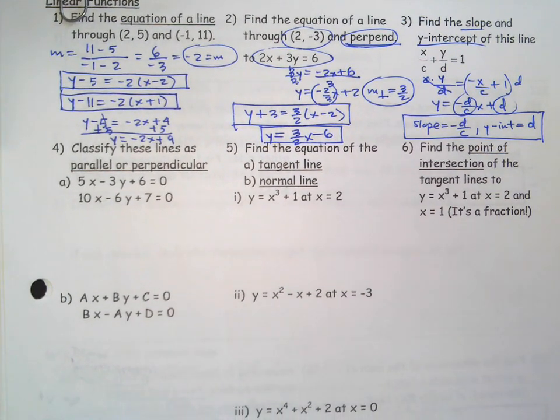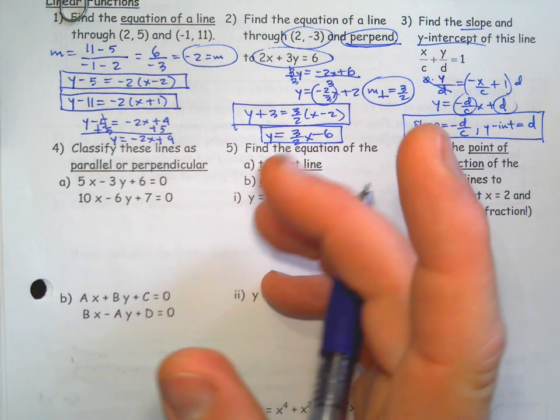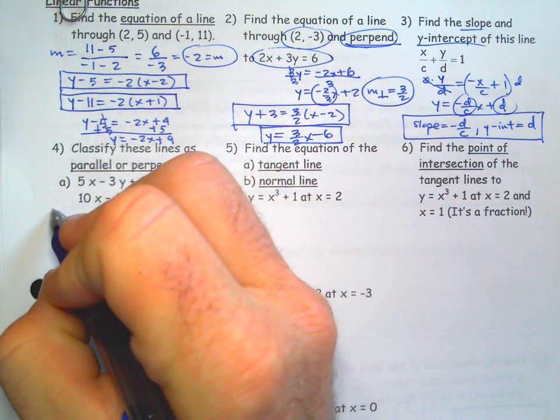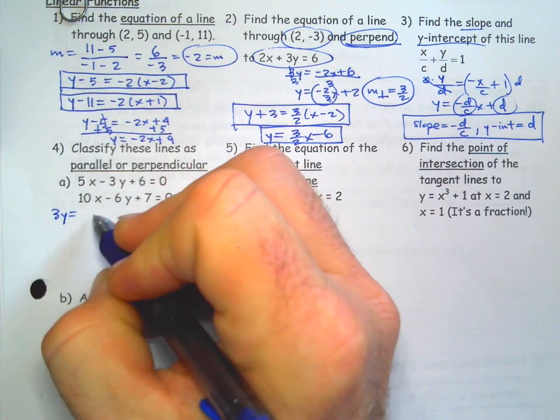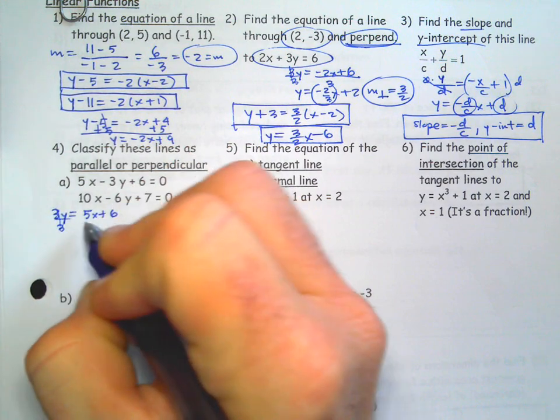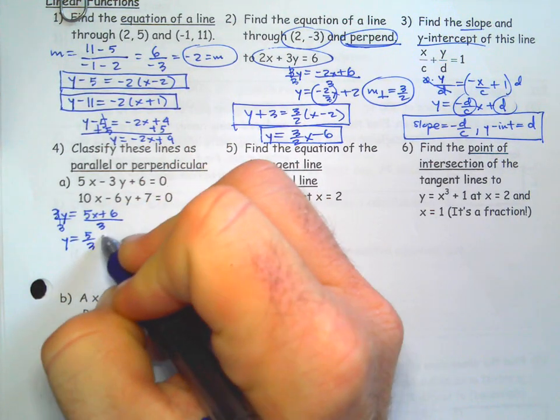For problems 1 and 2, that didn't help. Classify these lines as parallel or perpendicular. If you're going to decide 2 lines are parallel or perpendicular, it's really about their slopes. So I would go ahead and change these to slope-intercept form. 3y equals 5x plus 6, divided by 3. You've got to have work to convince me.